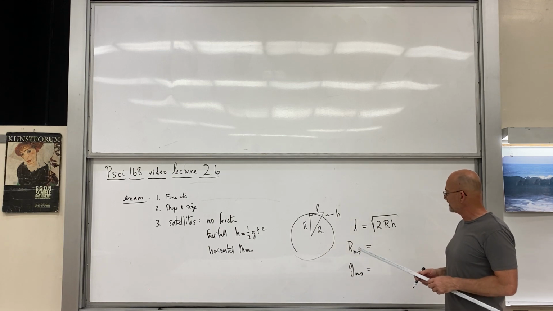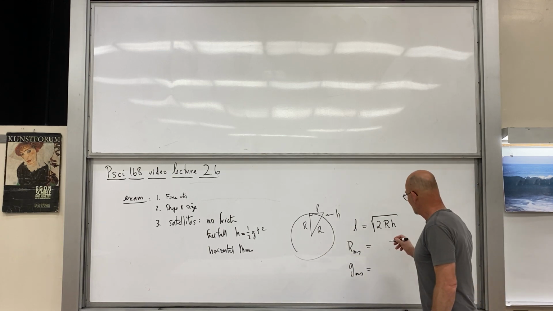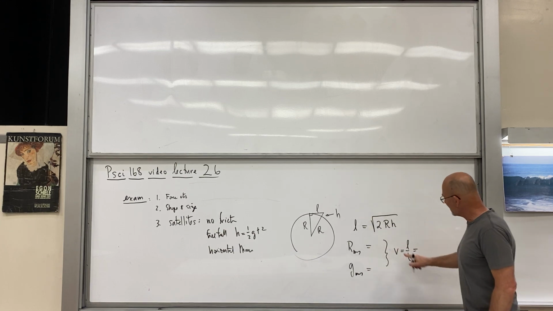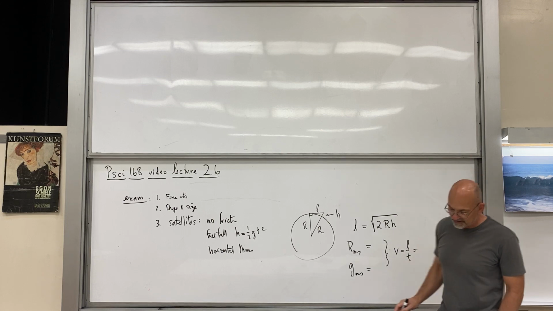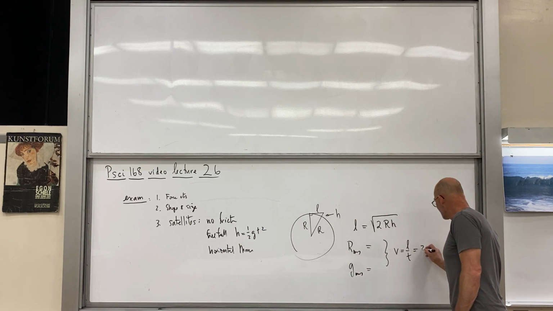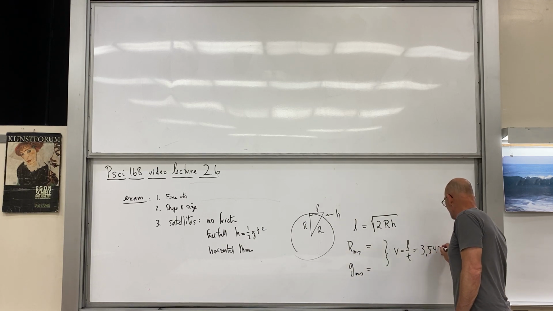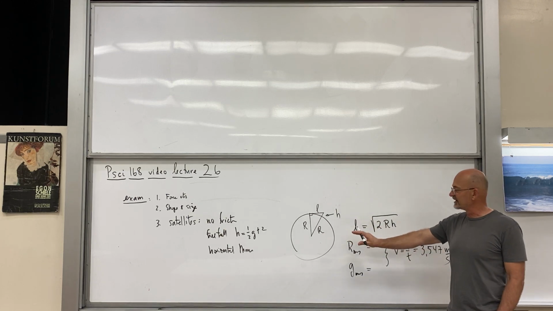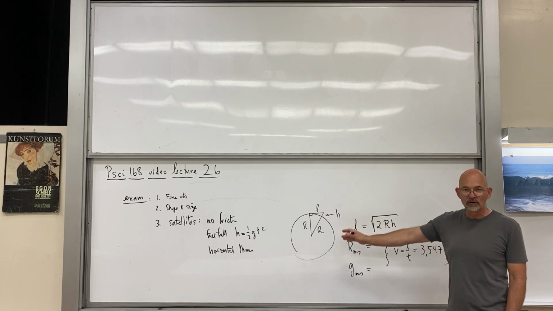So you put all those numbers in, and then V was equal to L over T. L is what we calculated here, T was 1 second, and we end up with 3,547 meters per second. So if you want to go back and calculate that, everything that we had to do is in our review notes.